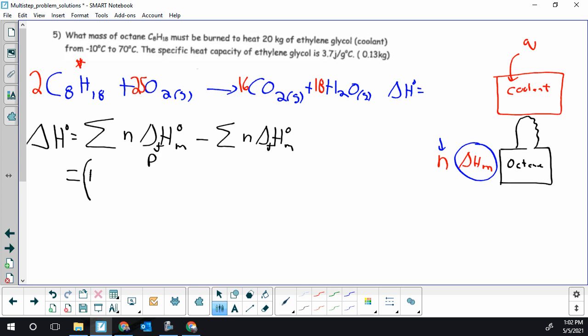So we have 16 moles of carbon dioxide times minus 393.5 kilojoules per mole. First product.